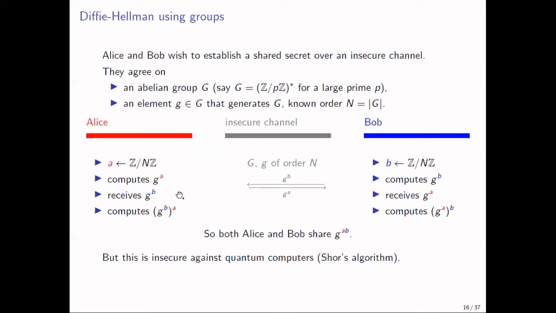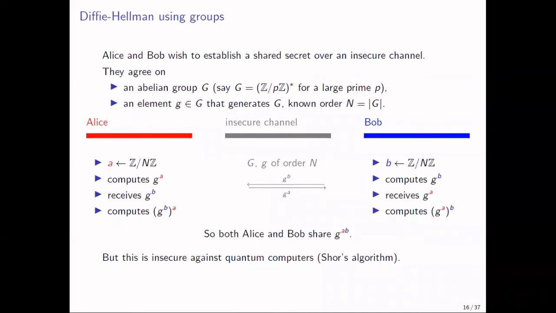Then Alice takes the g to the b that she received from Bob, and she takes the a-th power. Bob does the same with what he got from Alice. And in the end, if you compare g to the b times a and g to the a times b, they both share the value g to the ab.